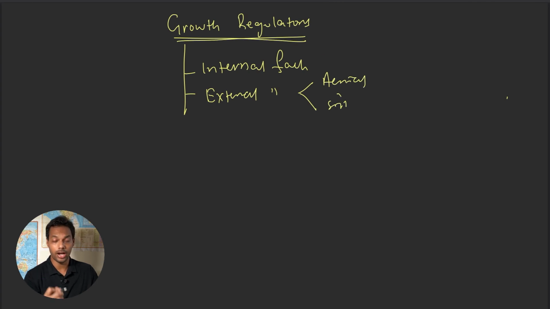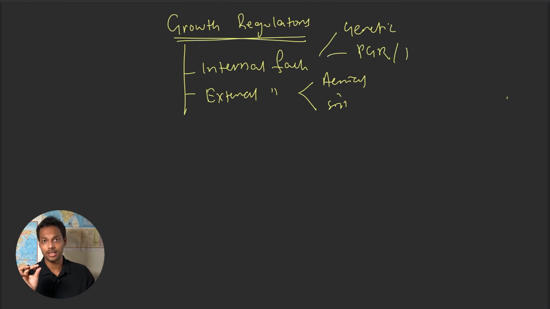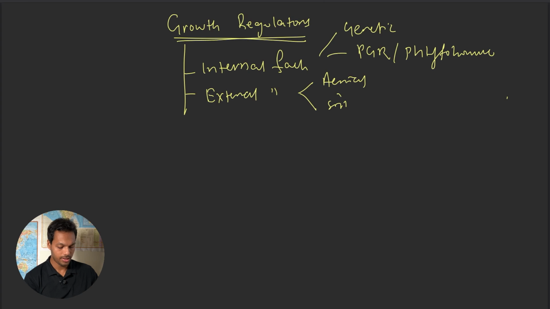Another one in the internal factors is phytohormones, or plant growth regulators. Phytohormones are basically chemicals synthesized inside the plant in small quantity, and they mobilize to different places to act on certain things.